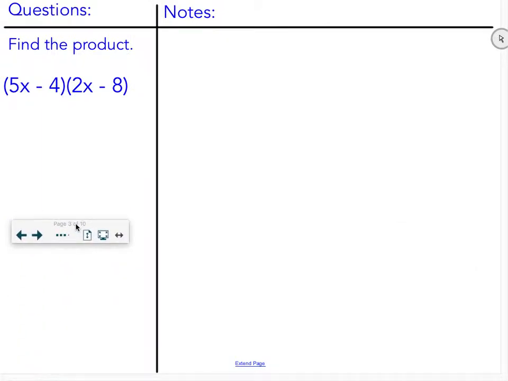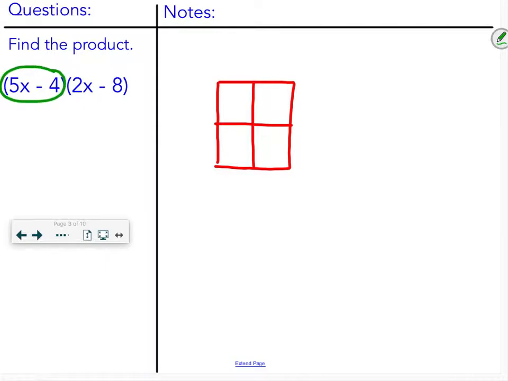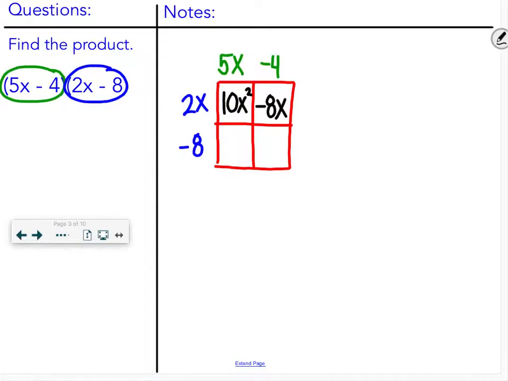All right, 5x minus 4 times 2x minus 8. Take the 5x minus 4: 5x, and then the negative 4. Then 2x and negative 8. 2x times 5x is 10x squared. 2x times negative 4 is negative 8x. 5x times negative 8 is negative 40x.